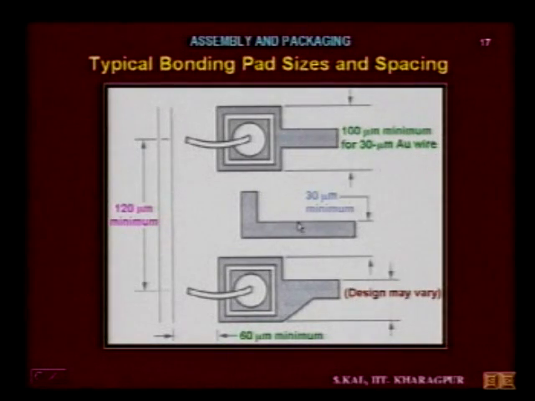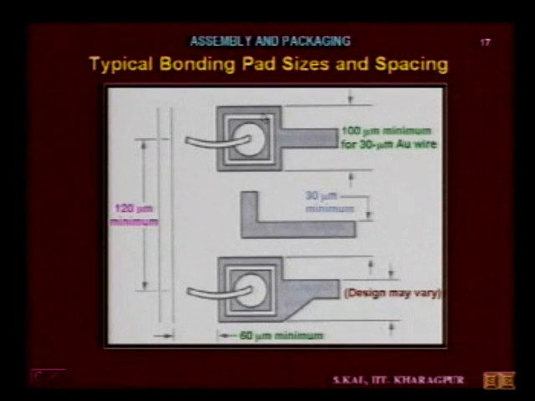Again, this is the interconnection line, for example. The spacing between the edge of the bond pad and the interconnection line is nearly 30 micron minimum. Again, you can see here another set of bond pads. That bond pad to this bond pad gap is 60 micron minimum, and the wire to wire separation must be at least 120 micron minimum.